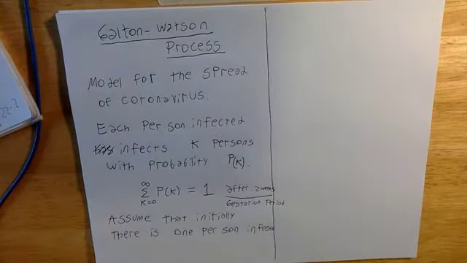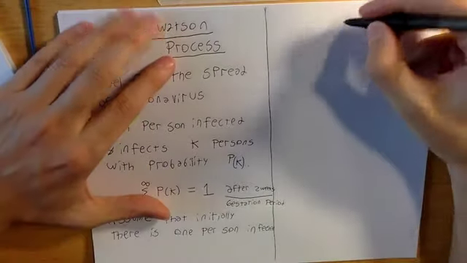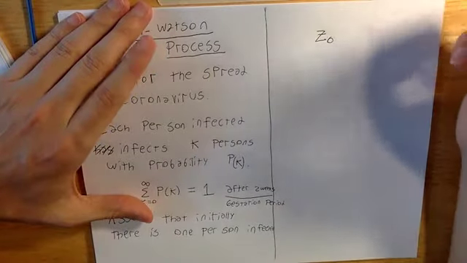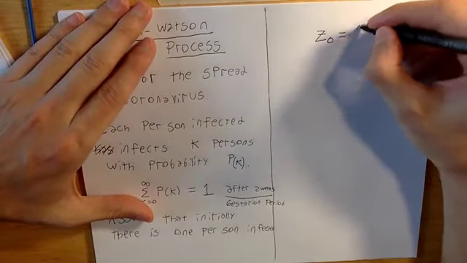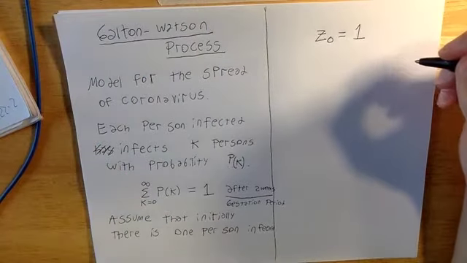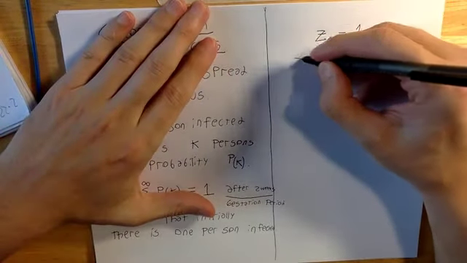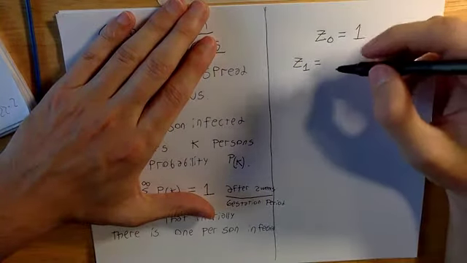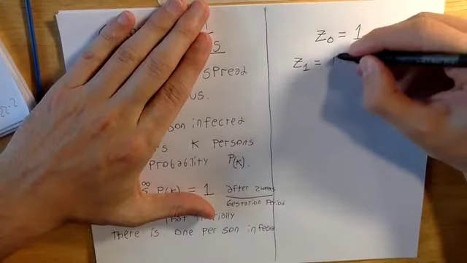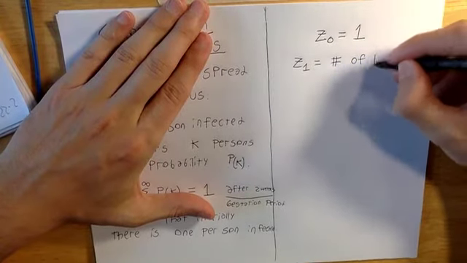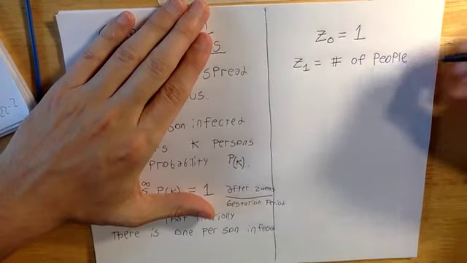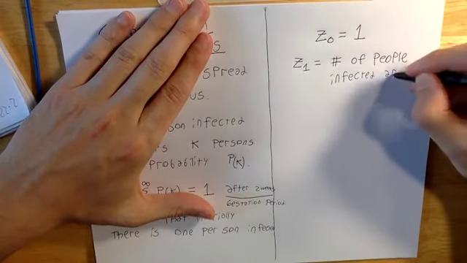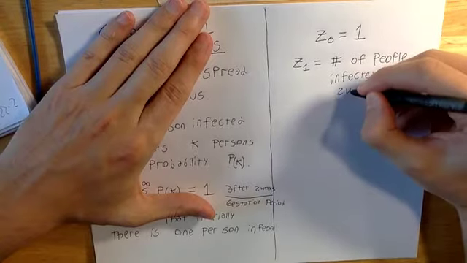And this is what we're going to call Z0. So Z0 is equal to 1, and then Z1 is equal to the number of people infected after 2 weeks.